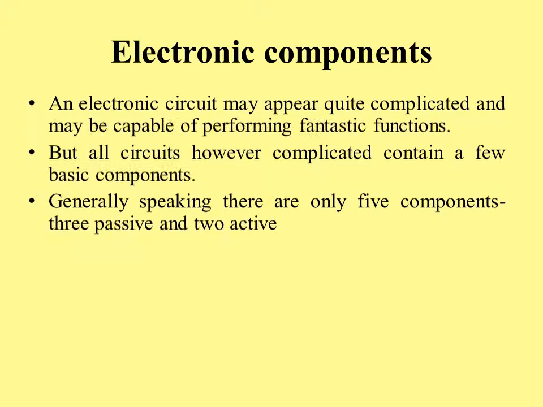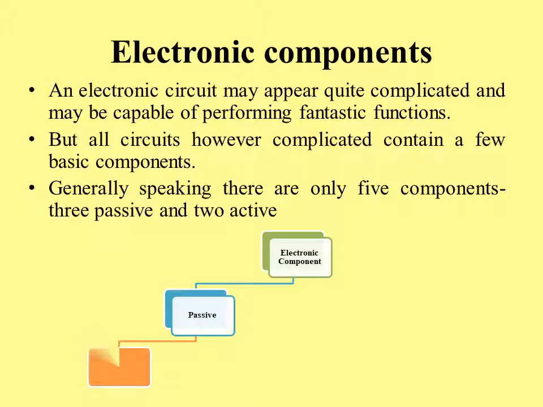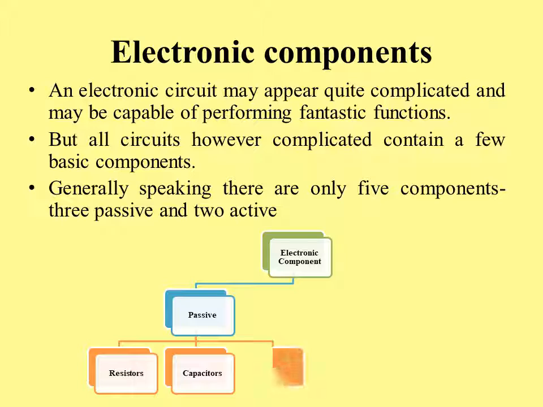Now, the electronic components. An electronic circuit may appear quite complicated and may be capable of performing fantastic functions. But if we see any electronic circuit, however complicated it might be, it is made up of a few basic components.